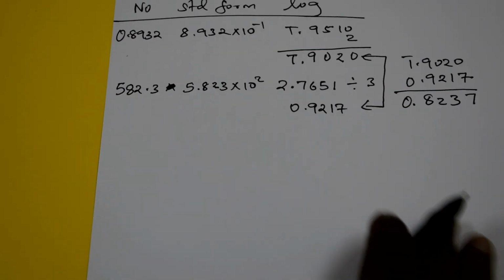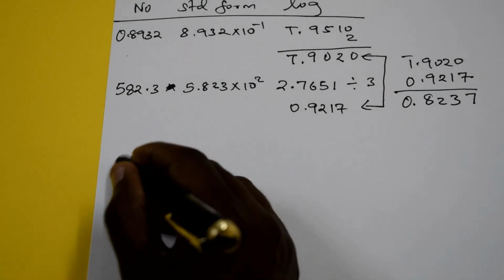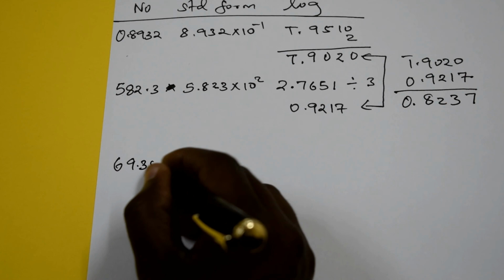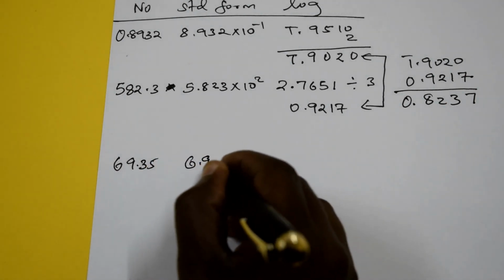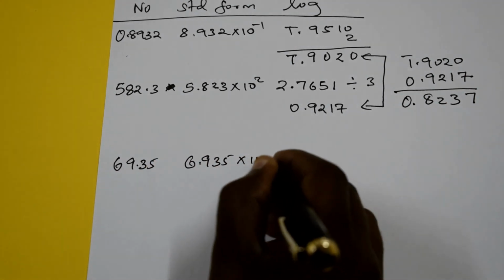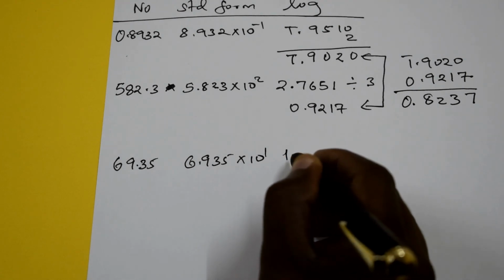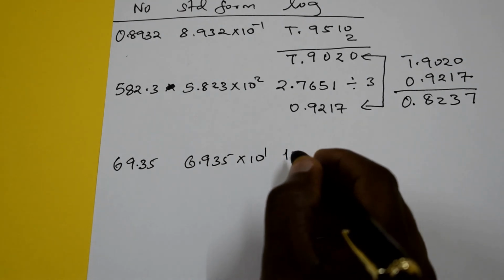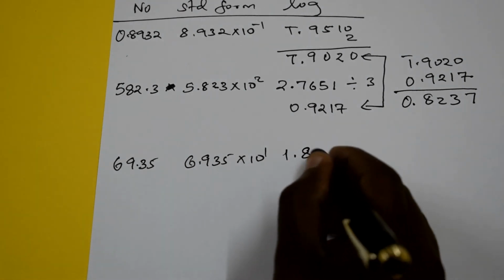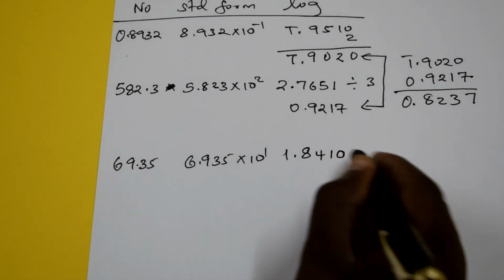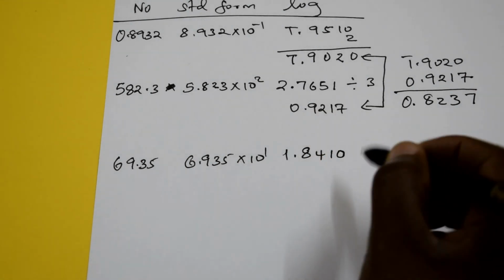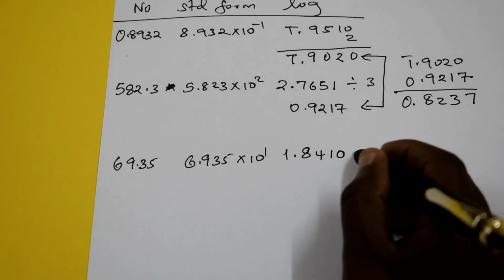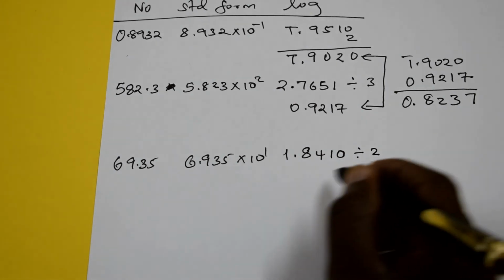For the denominator, we have 69.35. So 6.935 times 10 power 1, which is 1 point. Taking this one, we get 8410. And we are supposed to place power half, so this means divide by 2.